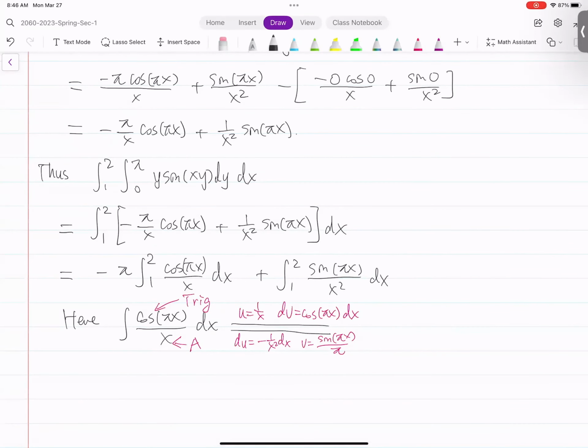Now do the substitution right here. 1 over x is u, and the rest of the thing is dv.